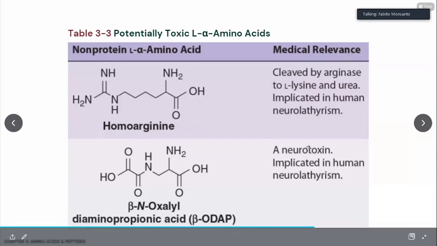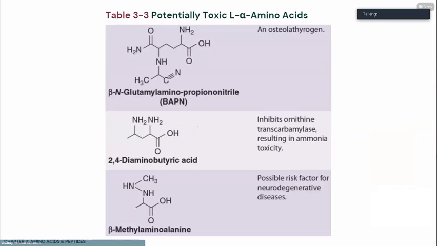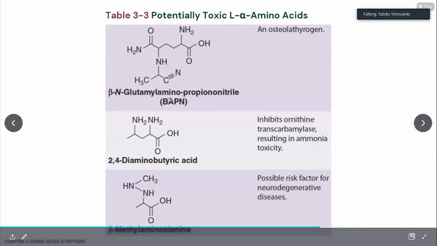It's a neurotoxin, which is also implicated in neurolathyrism, paralysis of the legs. And there's another one, the BAPN. This is osteolathyrogen. The bones are being affected.